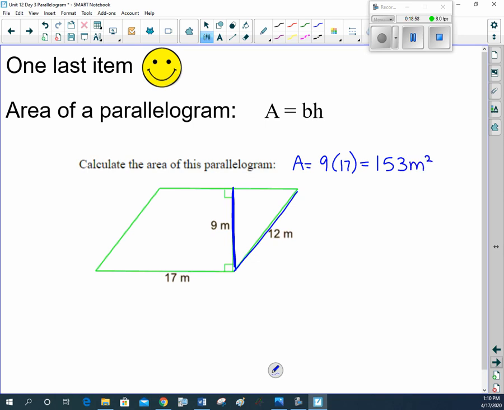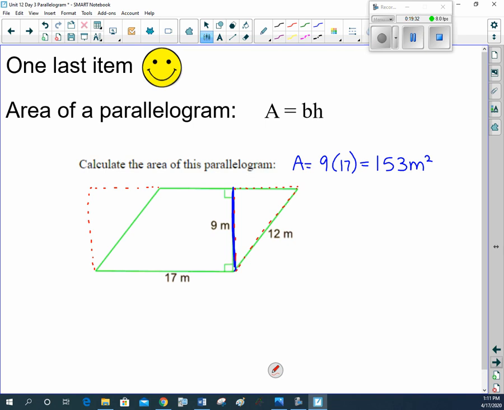Okay, so remember, base times height, they're always perpendicular to each other. So not the 12. We don't want the 12. That's not a perpendicular height. We want the 9 times the 17. And if you think about it, it is the same formula for a rectangle, because in a parallelogram, if you took this piece right here and I cut it off and I slid it over here, you would have a rectangle.